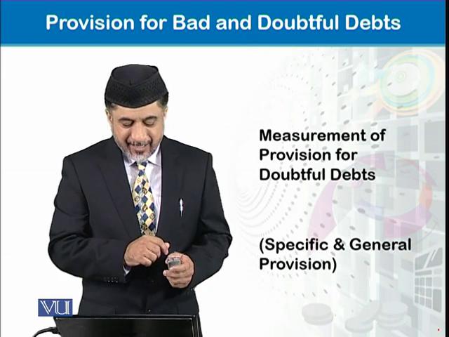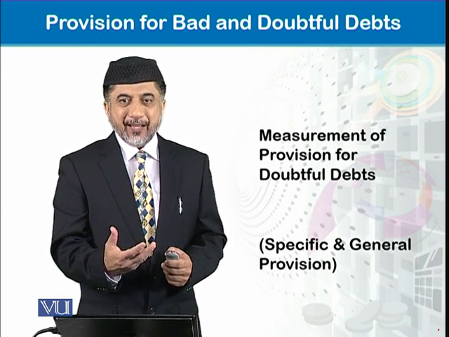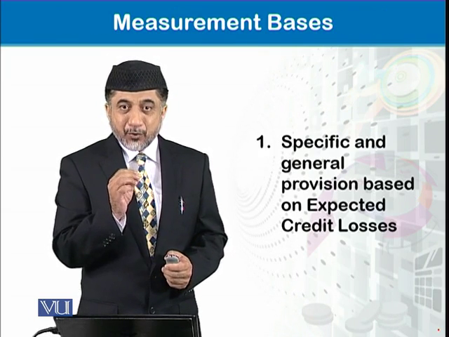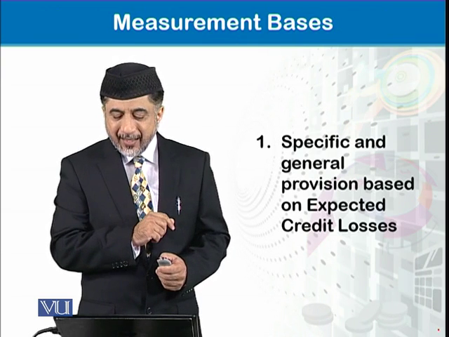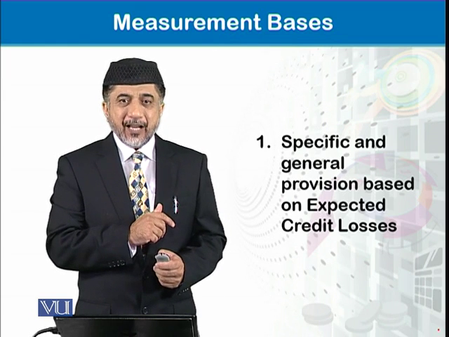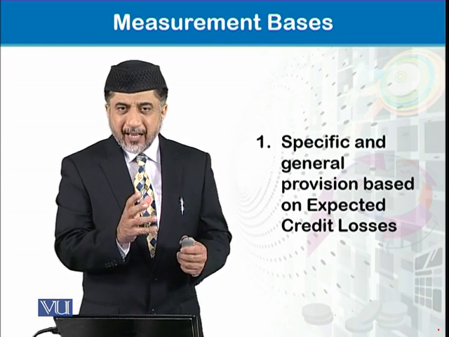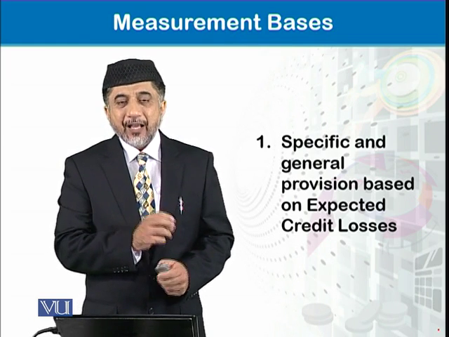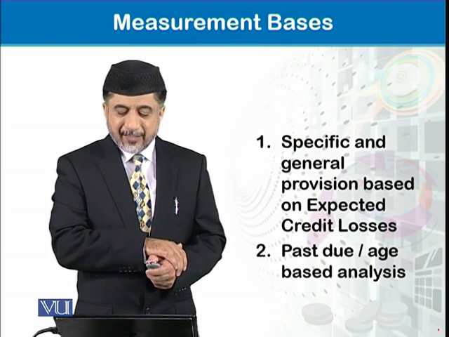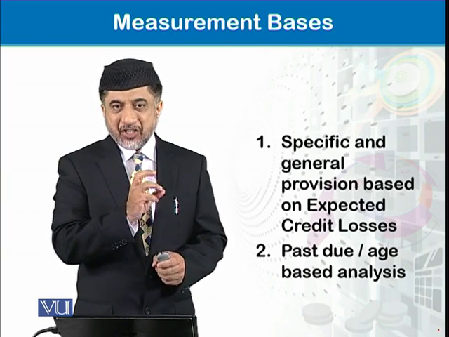Well, when we say measurement, it means to give value. So when we have to measure our provision for doubtful debt, there are two bases that we normally apply. One is specific and general provision based on expected credit losses. And the second one is past due or age-based provision.